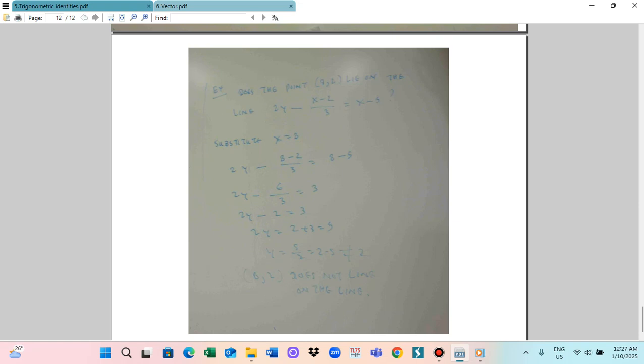This is 2y minus 6 divided by 3 is equal to 3, so 2y minus 2 is equal to 3. So 2y is equal to 5, so y is equal to 5 by 2, which is not equal to 2. So it does not lie on the line; (8, 2) does not lie on it.